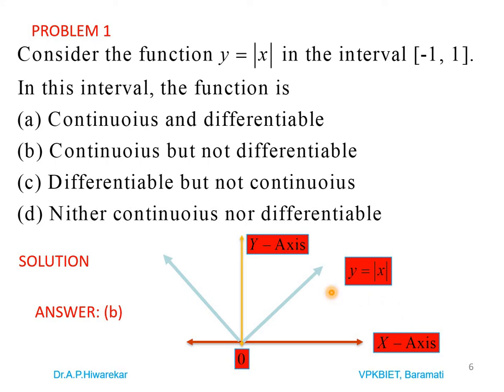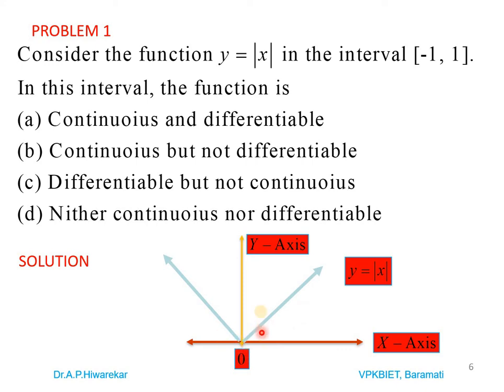Now, if you look at this function, we ask where the function is not differentiable. A function is not differentiable if it has a corner point. If you look at this function, it is continuous everywhere. There is no break in the graph of the function. So it is continuous, but there is a corner in this graph at x equal to 0.